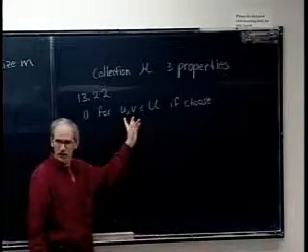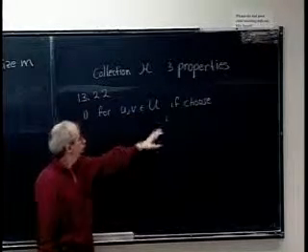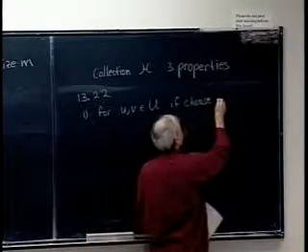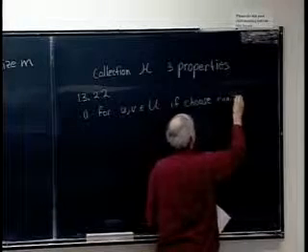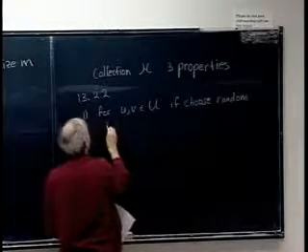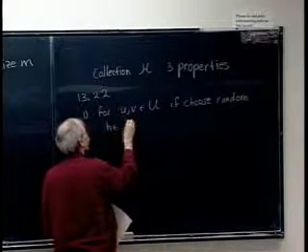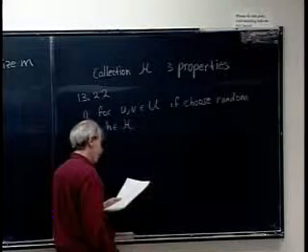Start with two fixed keys. Choose a random h from your collection.